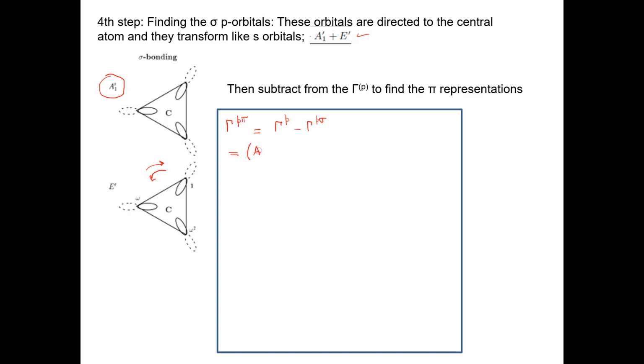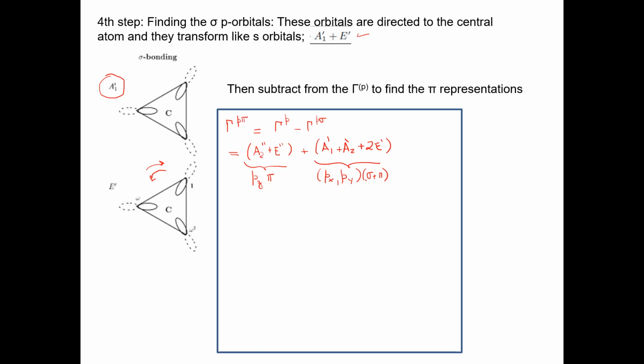This was A2 double prime plus E double prime, and this comes from Pz pi, plus A1 prime plus A2 prime plus A2 prime plus twice E prime, and this was coming from Px Py, and this has sigma plus pi in it.